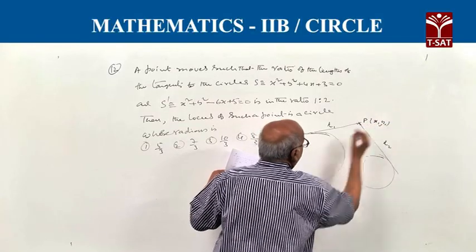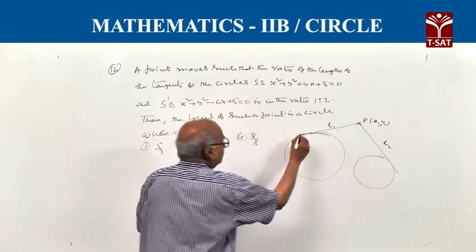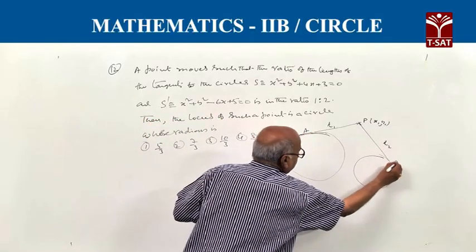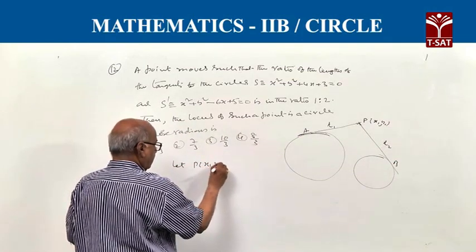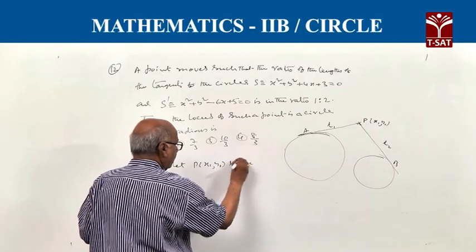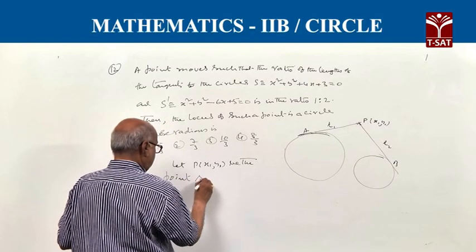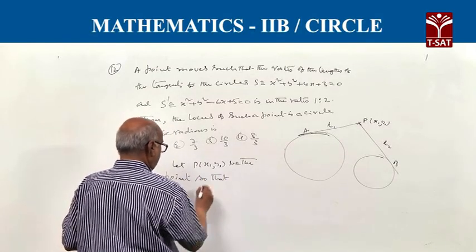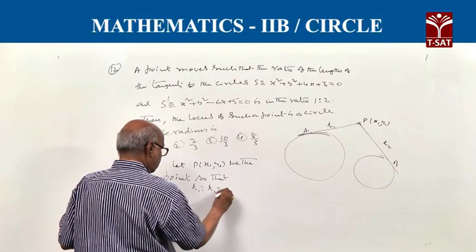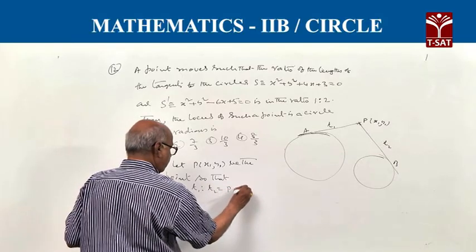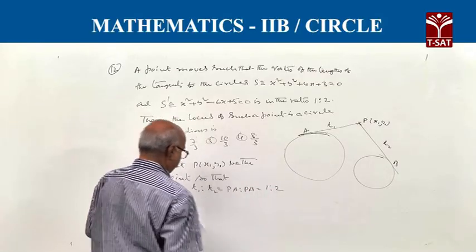So suppose this is A and this is B. Now let P(x1, y1) be the point so that T1 is to T2, which is nothing but PA is to PB, which is given to be 1:2.